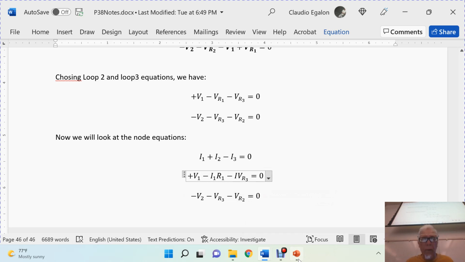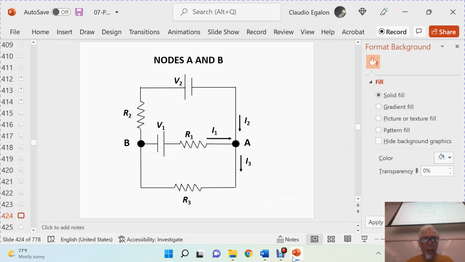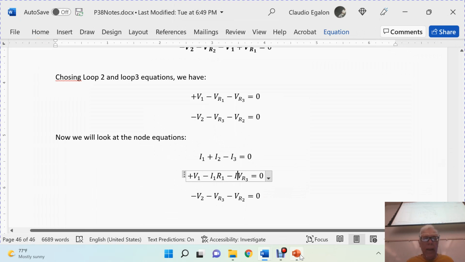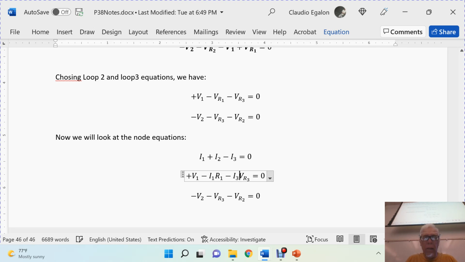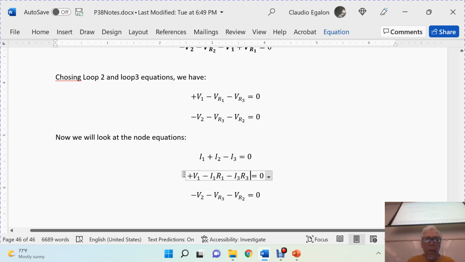VR3 is going to be R3 I3, I3 R3. We do the same here. I3 R3, and I2 R2.